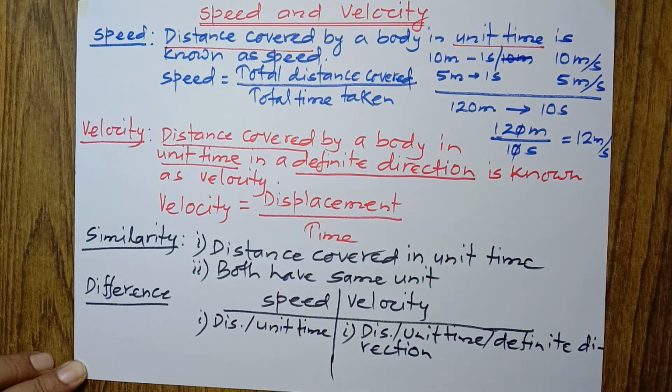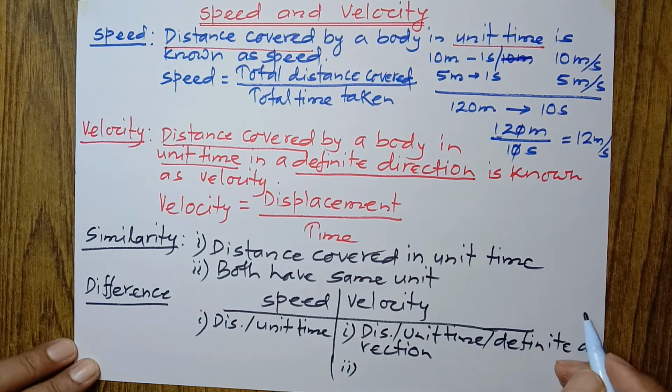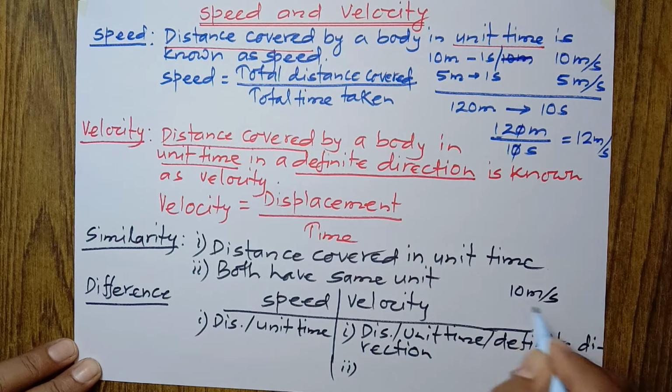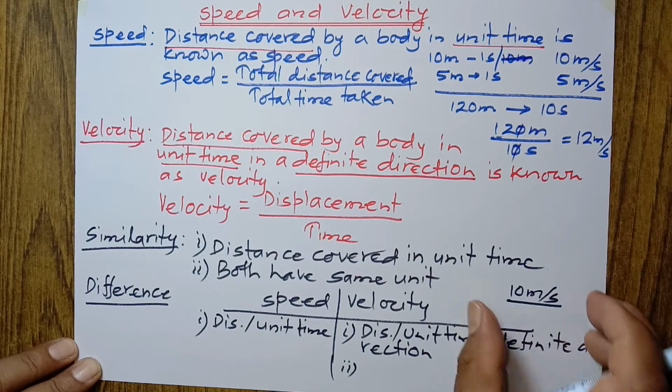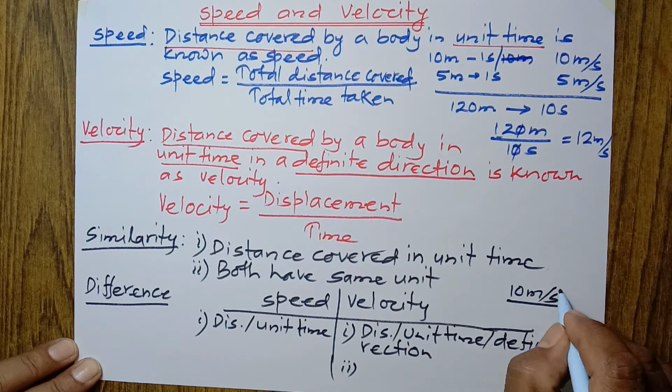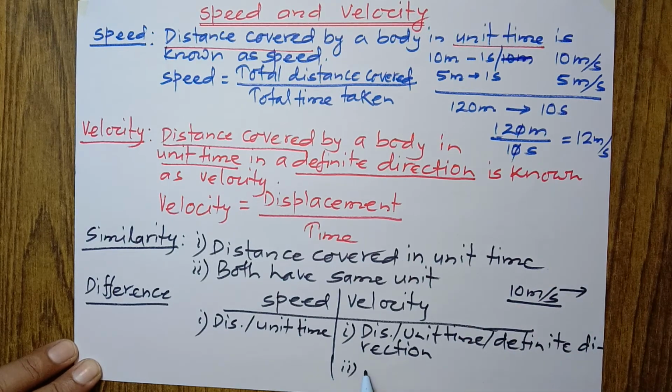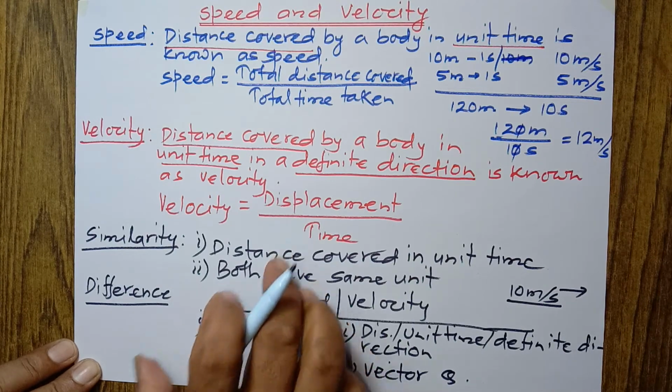Look at this here. One another point is also involved, definite direction. That's why it has both magnitude and direction. I mean to say, if someone says that the velocity of this body is 10 meter per second, then this 10 meter per second is the magnitude of the velocity, and it has a definite direction also. If it has both magnitude and direction, then this is called a vector quantity. And this one is not a vector quantity, this is a scalar quantity.